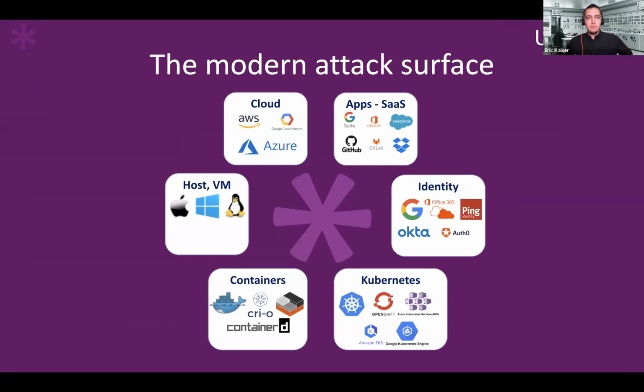You have the cloud pieces, AWS, Azure, GCP, containers that might be running in production on top of those cloud surfaces, the whole new world of Kubernetes, but even SaaS applications, G Suite, GitHub, where your code lives, Salesforce, Office Online, where your work gets done, and identity providers, Ping, Okta, Auth0. All of these are increasing or even multiplying your attack surface and therefore your risk.